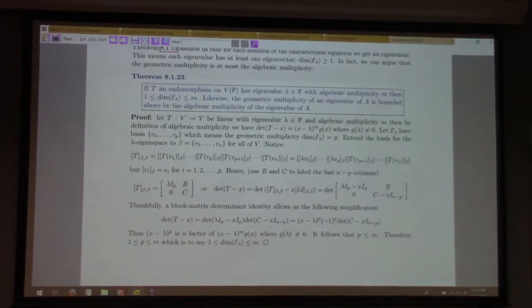There's a couple of things we can see from this formula without a lot of work. See, if we multiply this out, what do we have for the constant term? Well, not quite, right? Because we've got (-1) to the n, and then (-lambda 1) to the m1, (-lambda 2) to the m2, up to (-lambda r) to the m r.